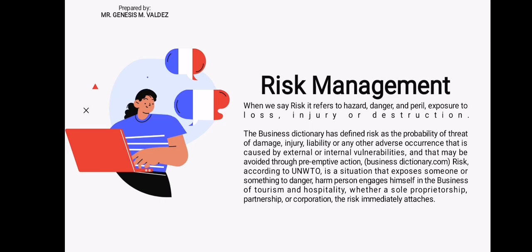If I'm not mistaken, ang ISO 31000 or the risk management process, isa po siyang international standard of 2018. Ito po ang mga guidelines kung paano ba natin i-manage ang mga risk. Ang mga guidelines po na ito ay customized sa lahat ng sitwasyon na pwede nating i-apply sa lahat ng aktibidad sa paggawa ng desisyon. And of course, para ma-eliminate natin or medyo ma-lessen natin yung mga risks sa workplace natin.